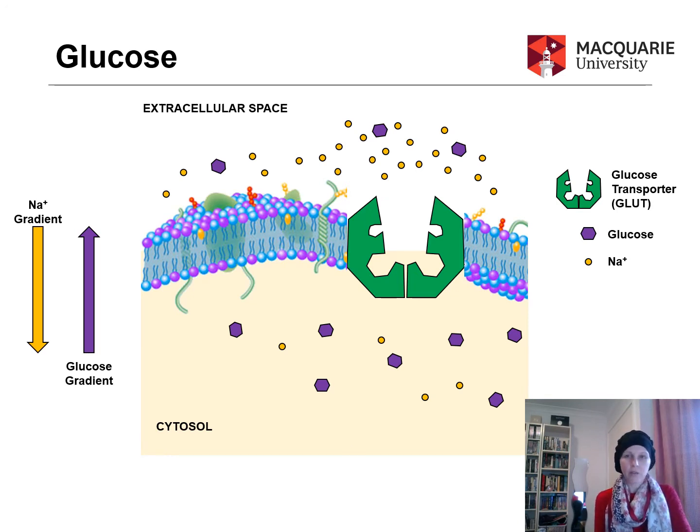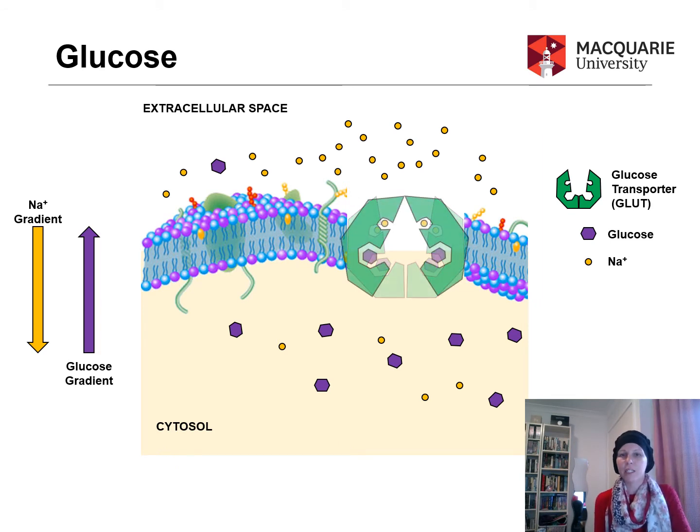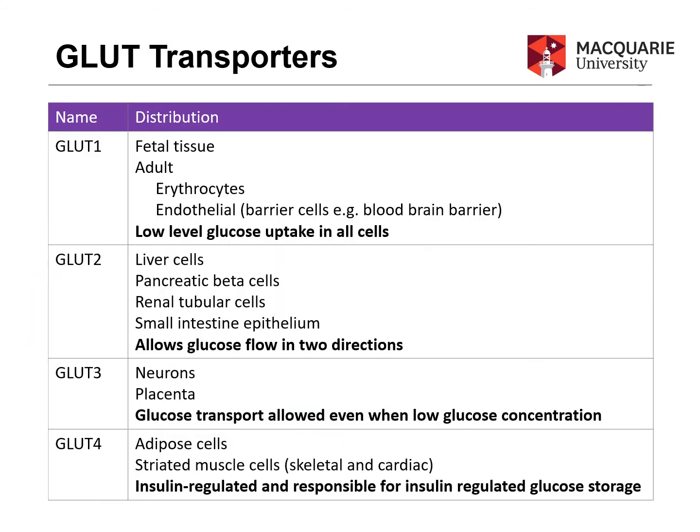So when you have glucose that you need to get inside the cell, the glucose and some sodium attaches to the glucose transporter. The transporter then changes conformation, where it then allows that sodium and glucose to be released inside the cytosol of the cell, as shown. So that's how we get glucose from a low concentration area to a high concentration area through the glucose transporter.